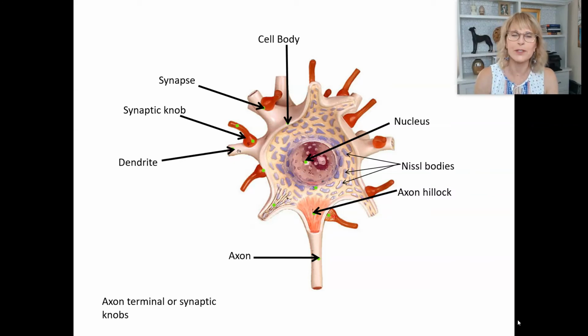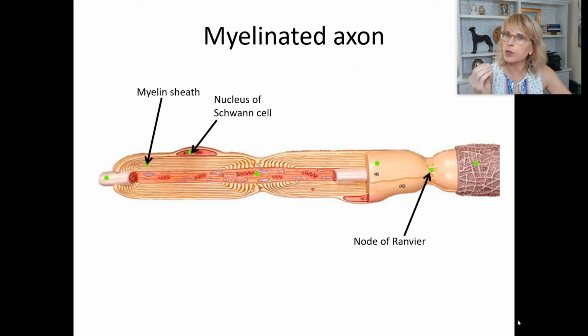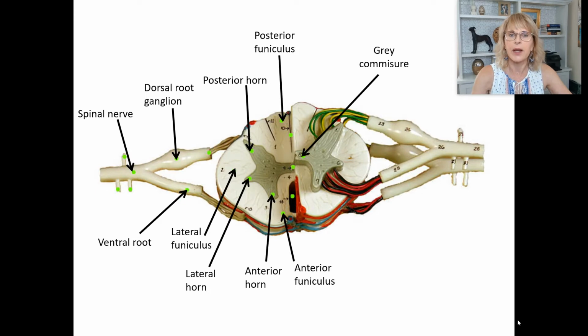Okay, we're doing the nervous system. Now, this image, this is something you would only see through the microscope. This one, if you had just done an autopsy of a person and wanted to look at their spinal cord, you could actually see this laying in front of you, maybe about that big, okay?